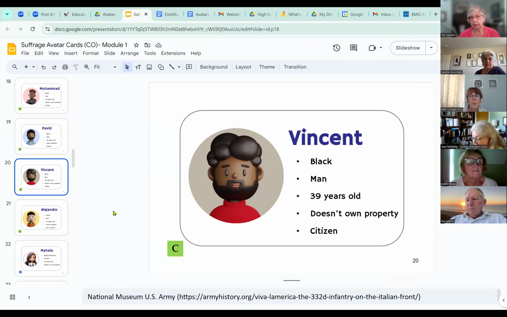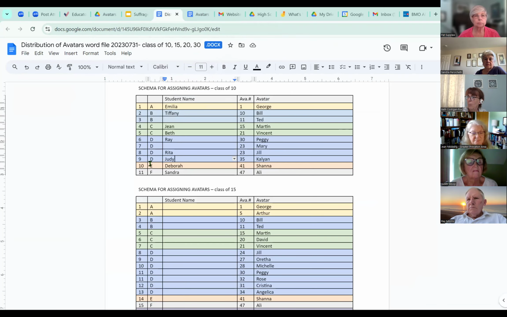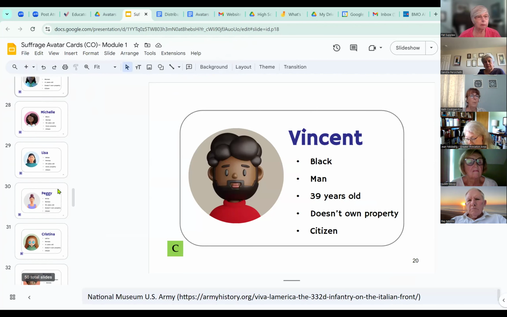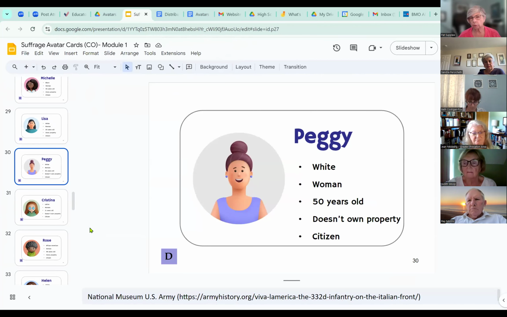So you're a Black man, 39, and you don't own property. Ray, you're Peggy. So you're a white woman, 50, and you don't own property. But now I'm going to say you're a citizen. With the Black men that I just handed out to, it does say citizen. And at that point, there is a designation for citizenship. So the Black men are citizens and Peggy is a citizen as well.